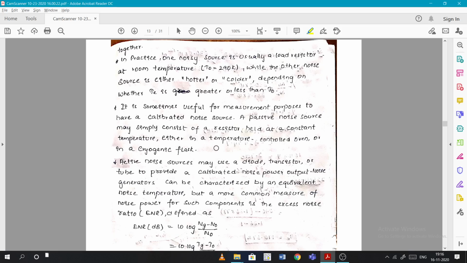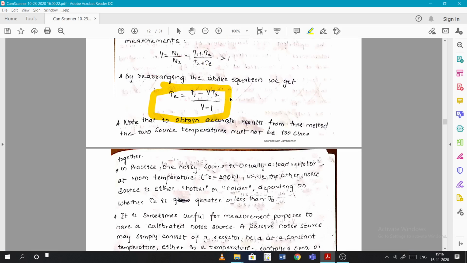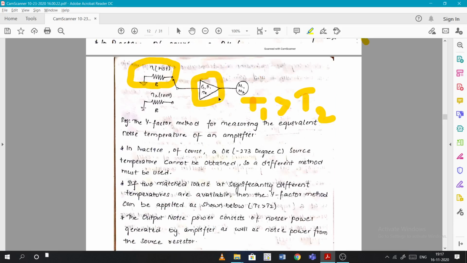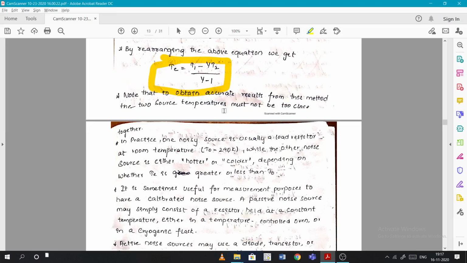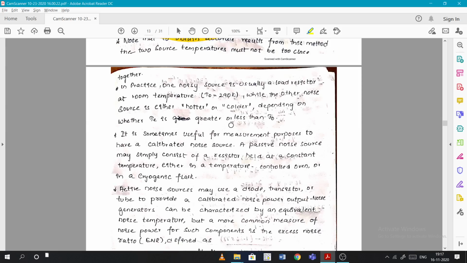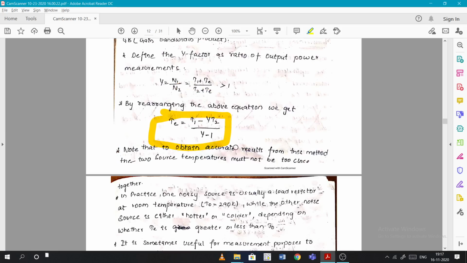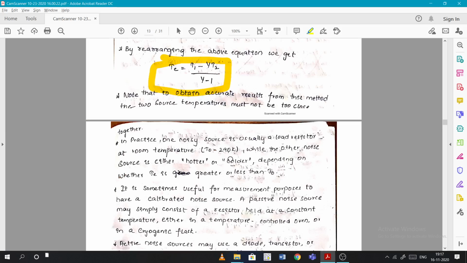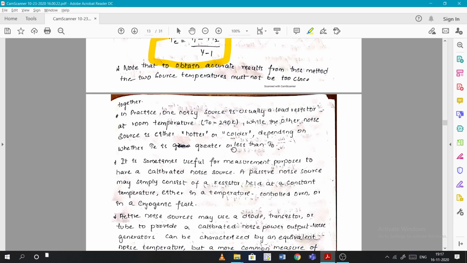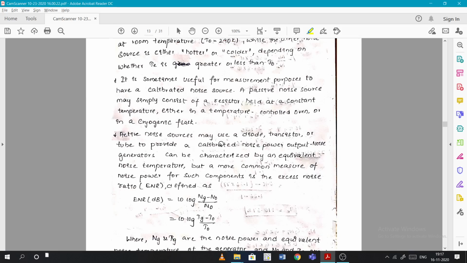But this is basically for normal devices. When it comes to an active source, if the device is active, the input is not like a normal resistor. If it is some active source which can also generate energy, let's see what happens. When it is an active source, it will definitely generate some temperature internally.